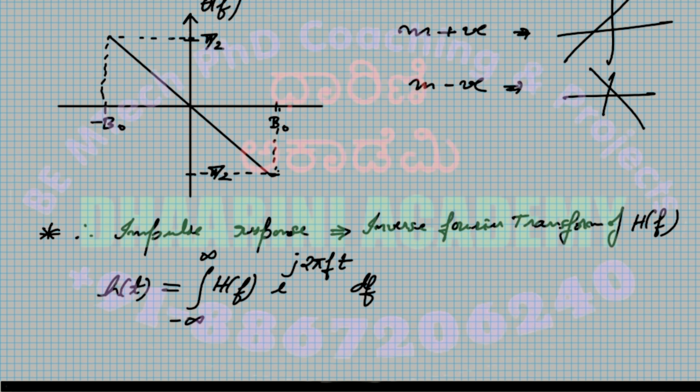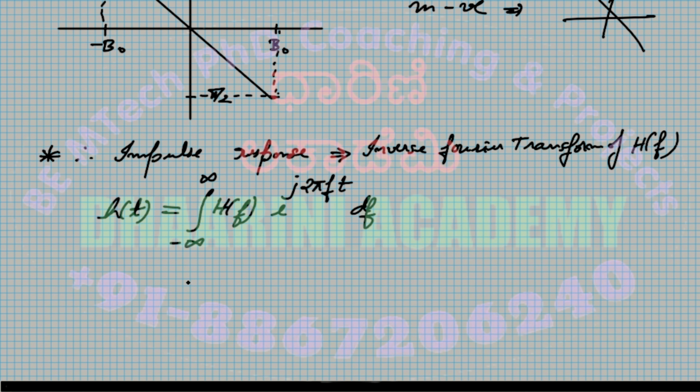So this is equal to, let's try to substitute. Anyway, I know that my signal does not exist from minus infinity to plus infinity, but only between minus b naught and plus b naught.